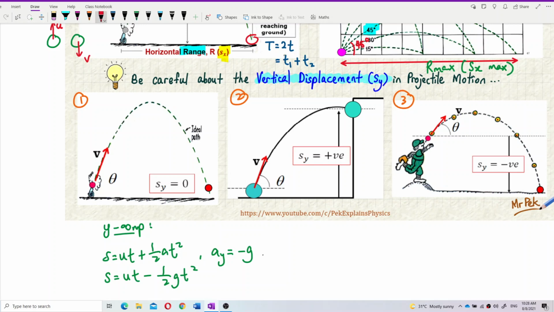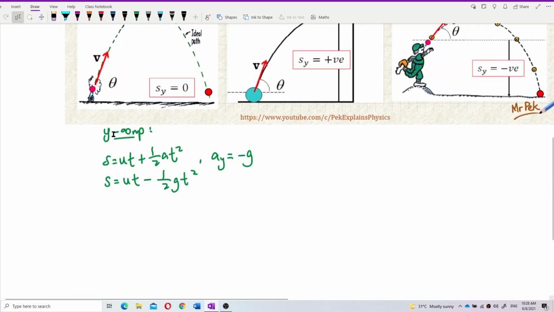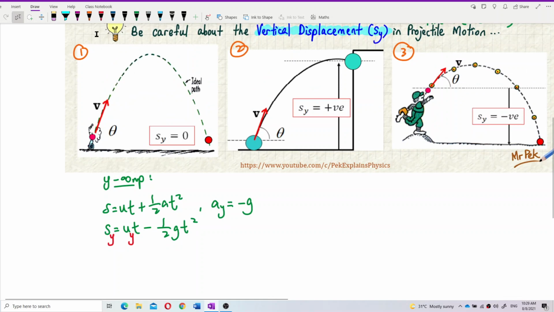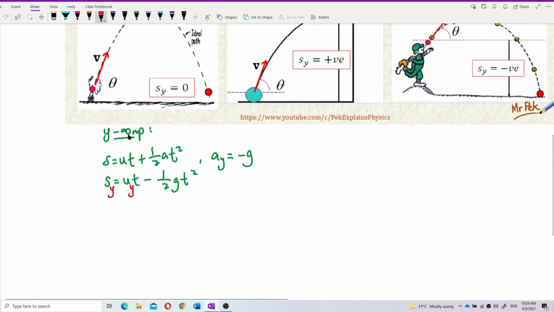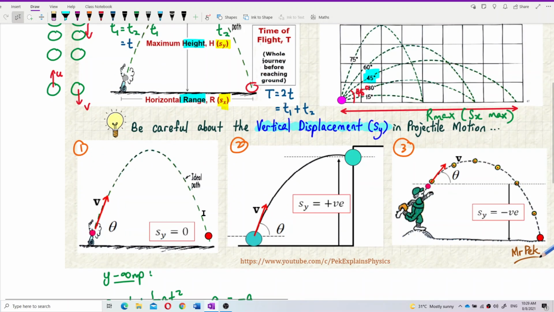Because all this is in the y component, we put the subscript y: the displacement is Sy, the velocity is uy, and the acceleration is also in the y component.